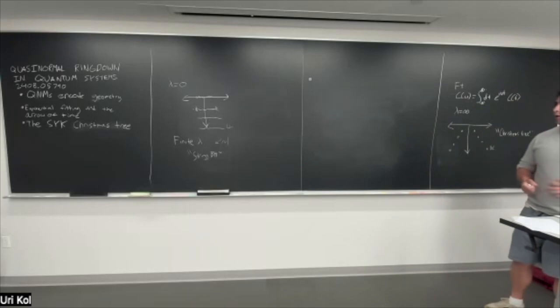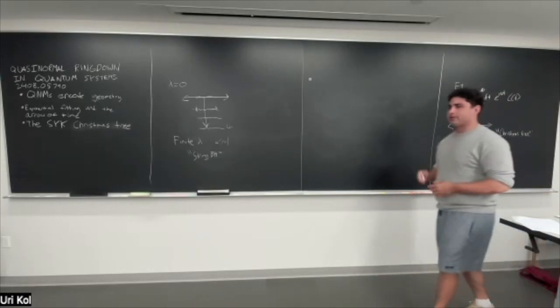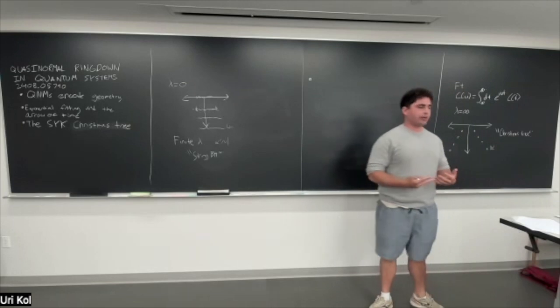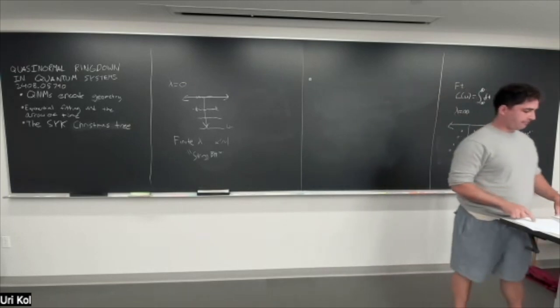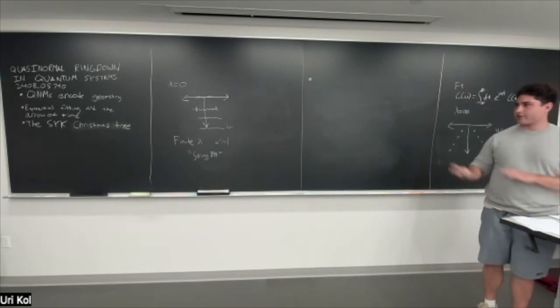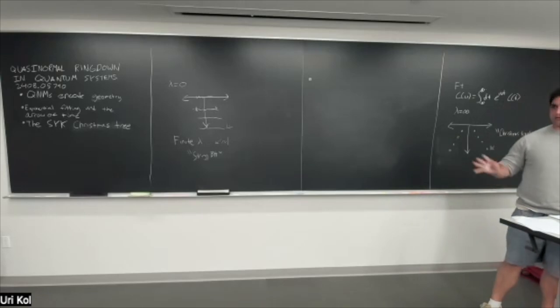And then we can hope that if we can compute them at finite lambda, it'll tell us something about the stringy black hole geometry. But first, let me take lambda equals infinity. So strings decouple, it's purely gravity, and we want to see how the geometry is encoded in these quasi-normal modes.